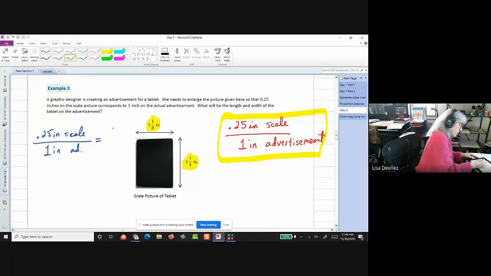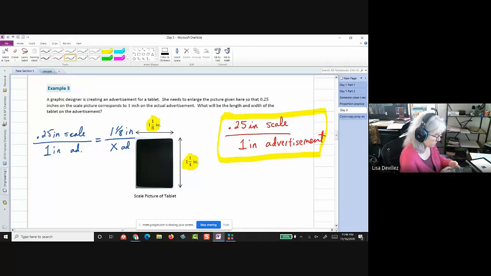So 1 1/8 inch is the scale, and I'm solving for how big that would be in the ad. So we have 1 and 1/8, that'd be 9/8. So 9 divided by 8, I have 1.125 times 1 and then divide by 0.25.